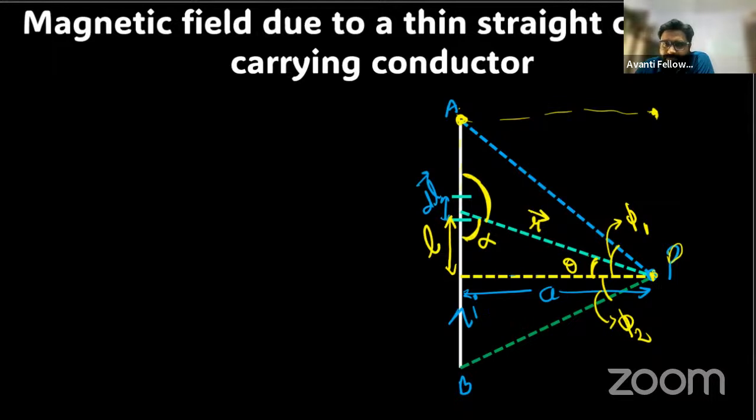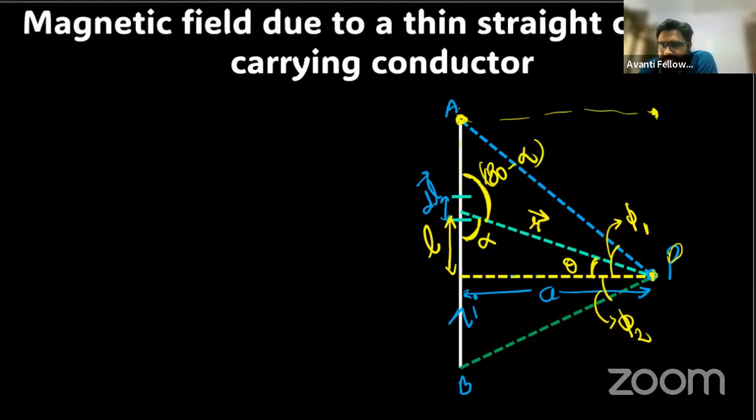I want to check your brains. Sakshi, Vaishnavi, Sanjana, anyone? What is the value of this particular angle? Very good. Yeah, obviously, Sakshi. And this is 180 minus alpha.